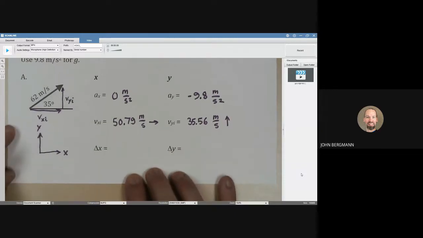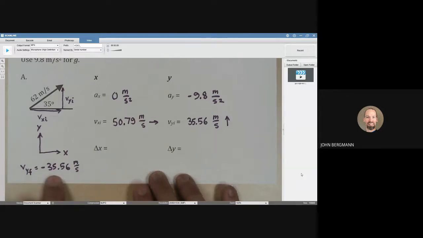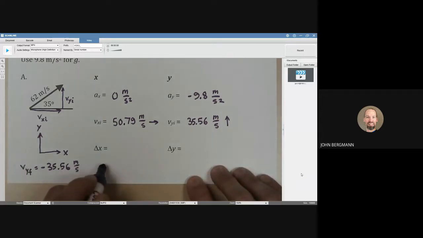So what we can write here, and I'll just go ahead and scratch it down here in the lower left, Vy final is going to equal negative 35.56 meters per second. And that's because it's going downward now. Again, that's only true because we're assuming that the projectile lands at the same elevation as what it was launched at, which means we can calculate the time then.